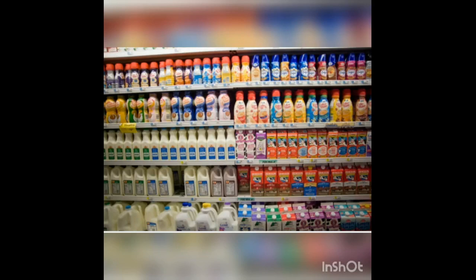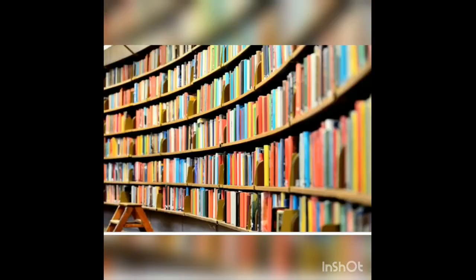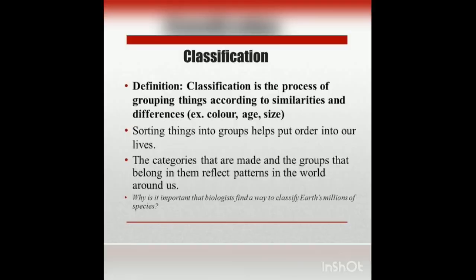Likewise, I will give another example. If you go to a library, you can see the books are organized alphabetically according to our needs. Likewise, it is nearly impossible to study all living organisms. Hence, it becomes necessary to devise some means and methods to make this possible, and this process is called classification.